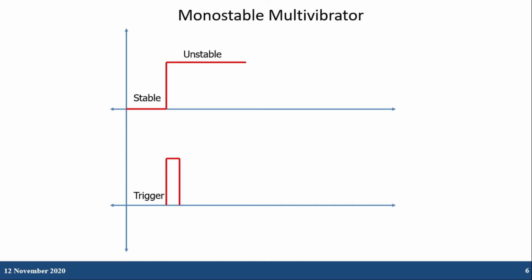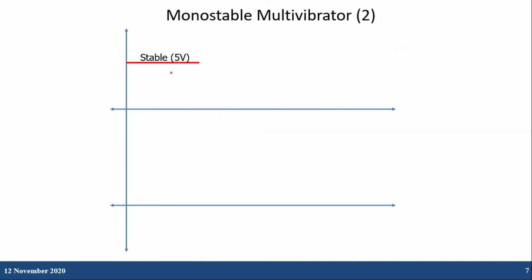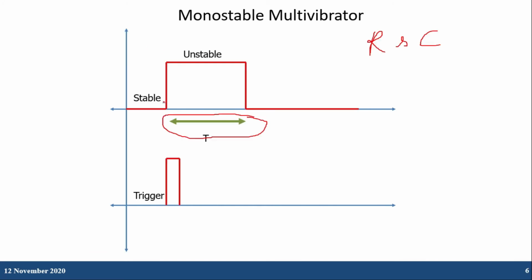So the time required to come back into the stable state again is decided by the passive components, resistors and capacitors. By selecting this resistance and capacitance, we can decide the time period for which the output remains in the unstable state. Let's say here 0 volt is the stable state and say 5 volt is the unstable state.